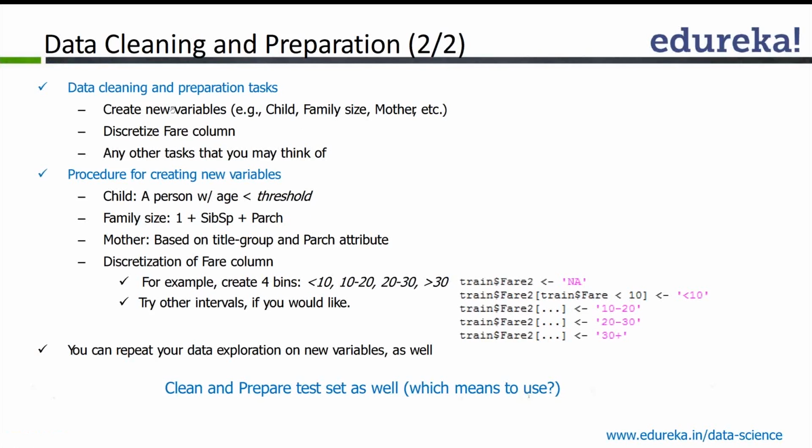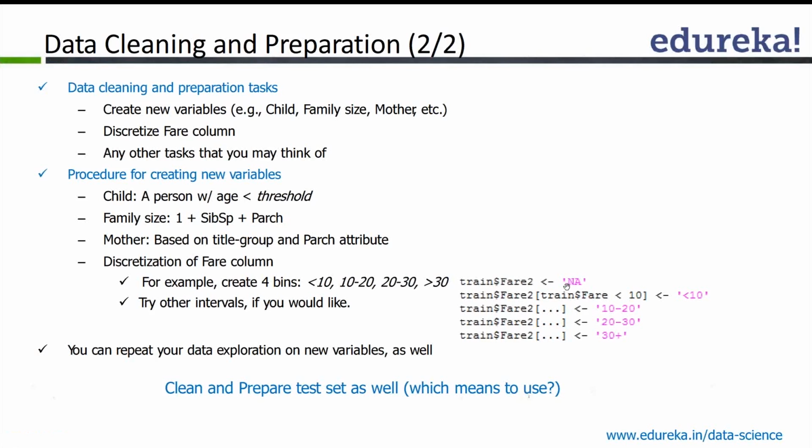And other data preparation tasks would include discretizing a continuous attribute, like a fare column. The ticket price is a continuous attribute. You may want to bin it into like low, medium, high, or whatever bins that you think of. Okay. Like here, I already have some clues about how to do that. Here I'm creating a new column, fare 2.